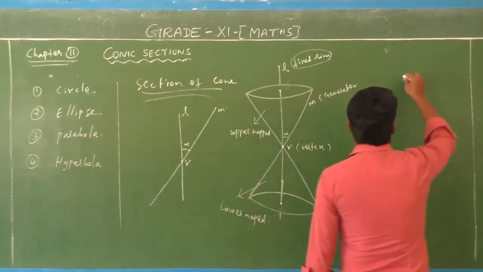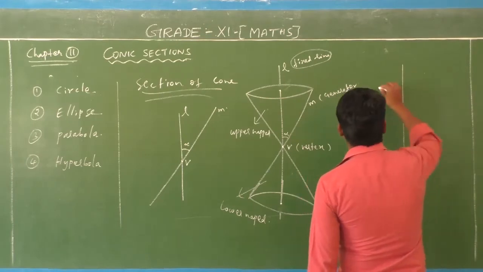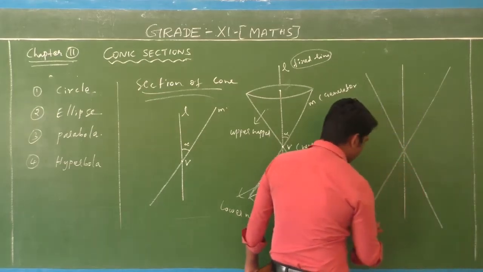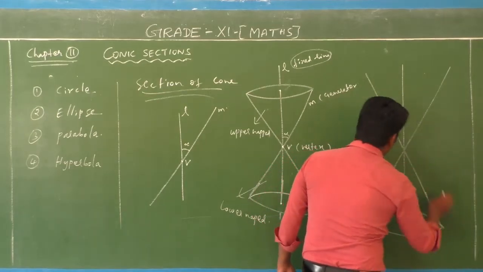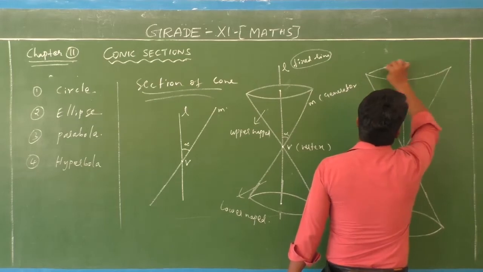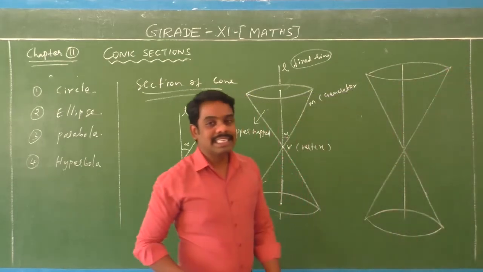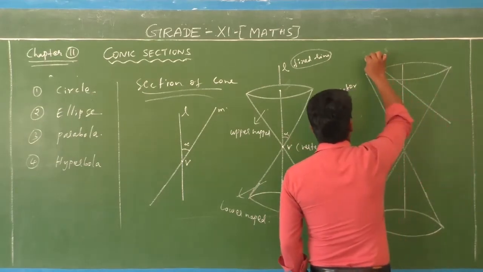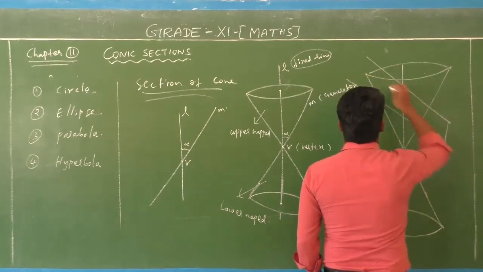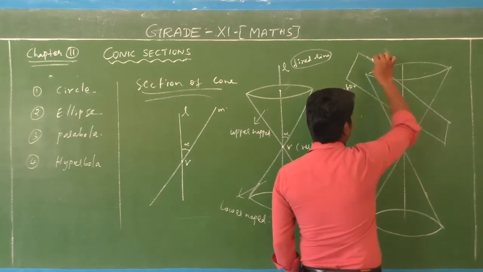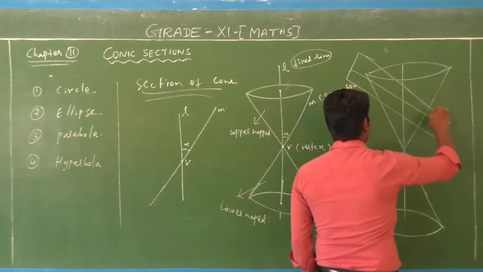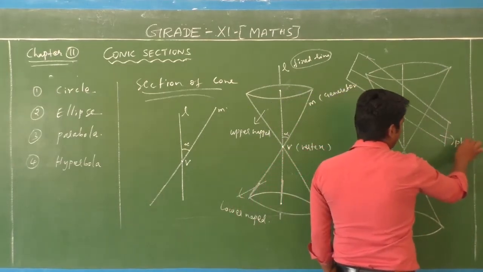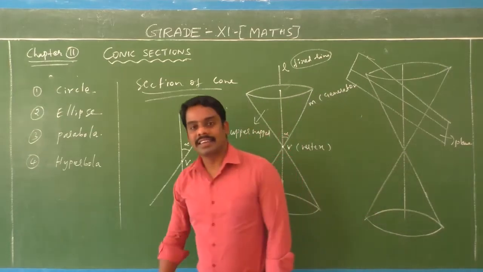Let a plane intersect with the cone. Let a plane intersect with this right circular cone. This is a plane. This plane intersects with the right circular cone.